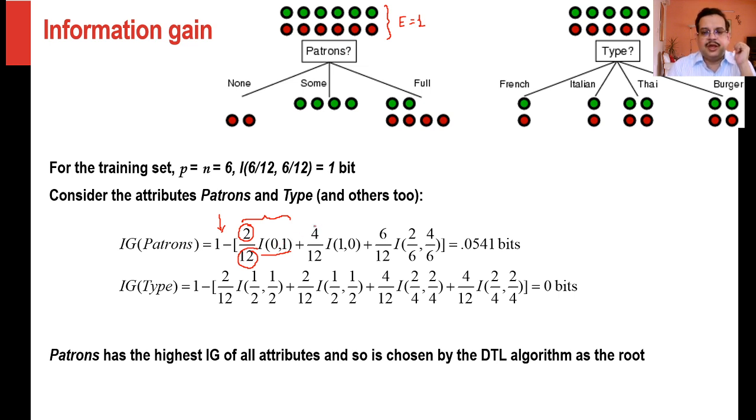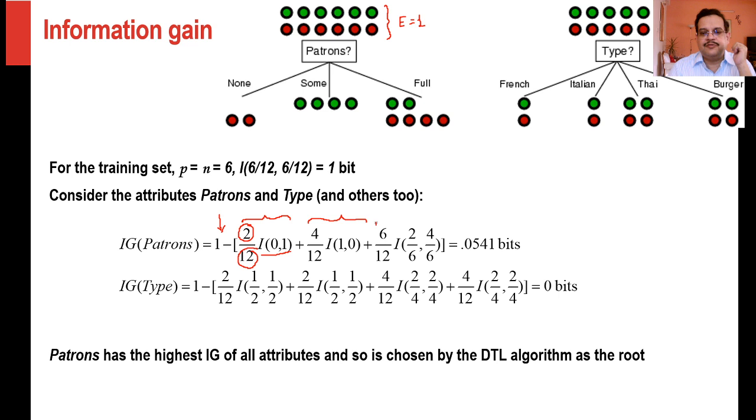Okay, and then this corresponds to the second branch, where 4 out of 12 samples are present, and here I have all the yeses and there are no no's.